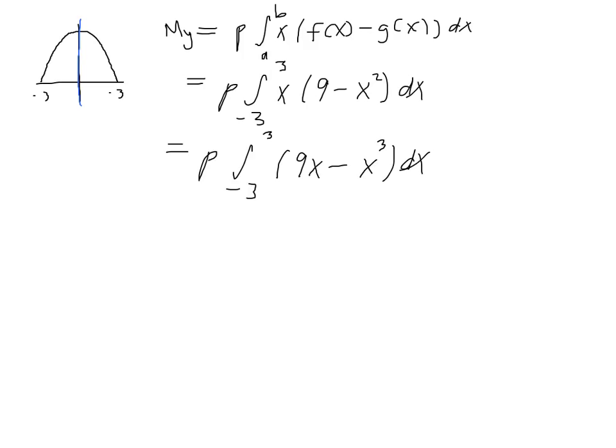Now you can do one of two things. You could notice that this is an odd function, and you have a symmetric integral, therefore this is equal to 0. But if you forget that and you just anti-differentiate and keep going, you end up with 9 over 2 x squared minus 1/4 x to the 4th.